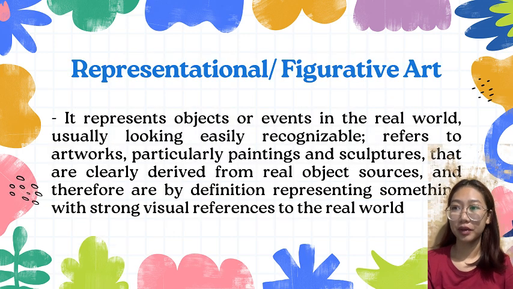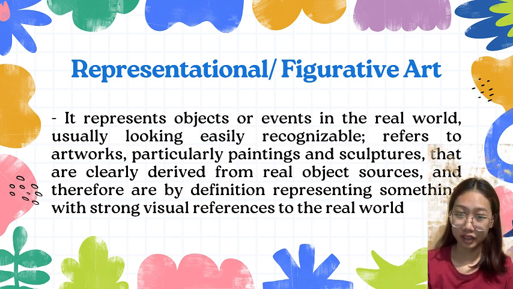Representational or figurative art is one of the oldest and most familiar forms of artistic expression. As the text explains, these types of art depict objects or events from the real world in a way that is easily recognizable.